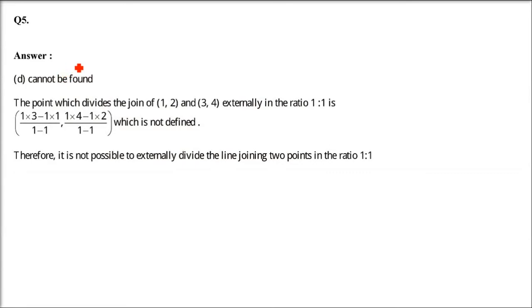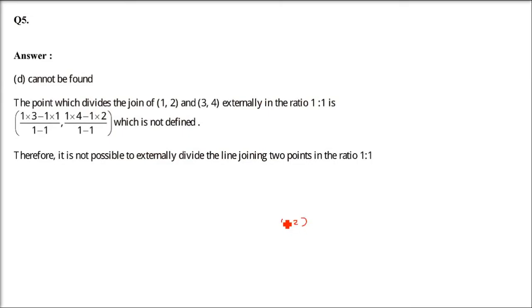Question number 5. The point which divides the join of (1, 2) and (3, 4) externally in the ratio 1:1. There are different quadrants given as options, and one option is cannot be found.